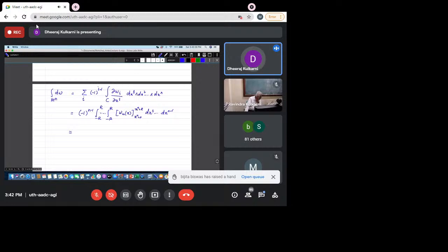If I plug in the last coordinate equal to r, that term will be 0 because omega is supported within this cube. So the only term that survives is minus omega_n evaluated at x_n equal to 0. That minus sign I'll combine, and outside I'll write (-1)^n.